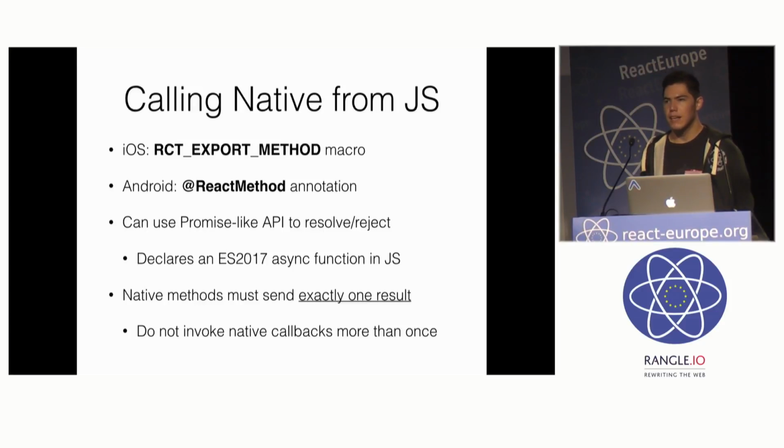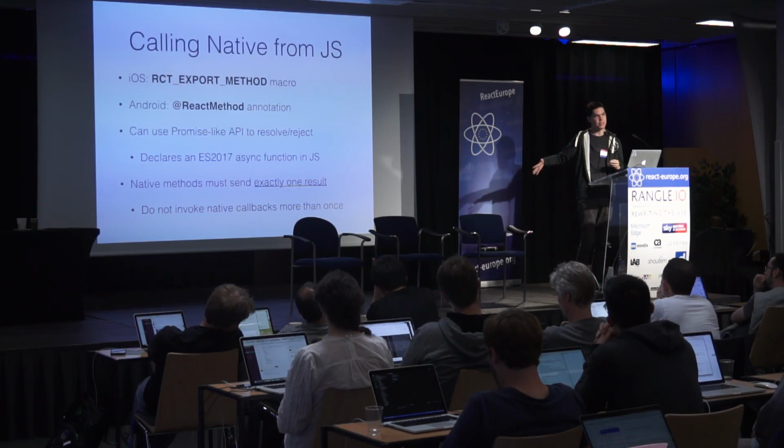For example, if you're implementing a geolocation component and you want to get the user's current location, in your native implementation, once you get their location using the native iOS and Android APIs, you can only send that current location back to the JavaScript side. You can't send a stream of events as the location changes, for instance.